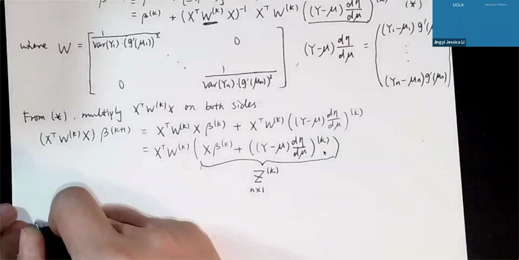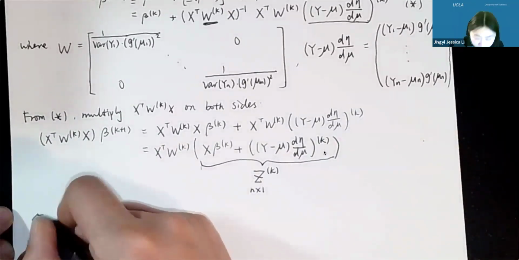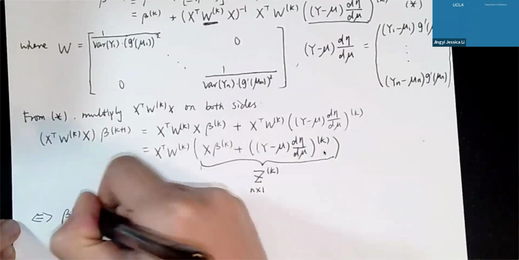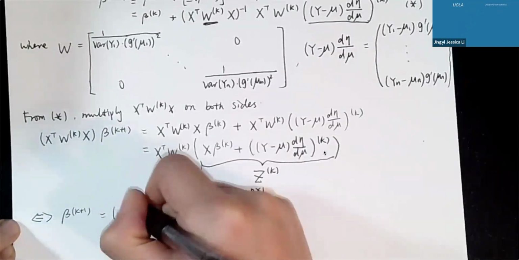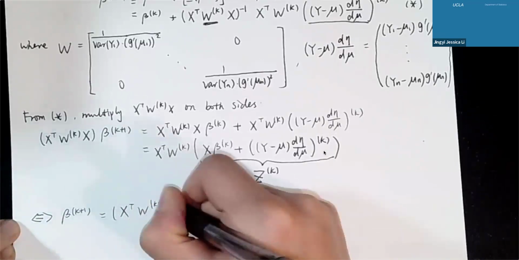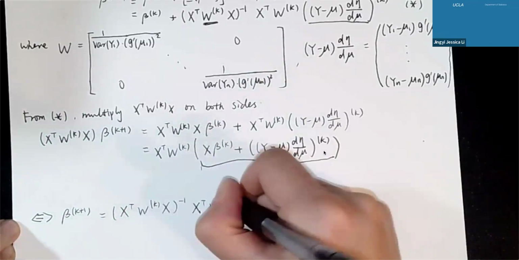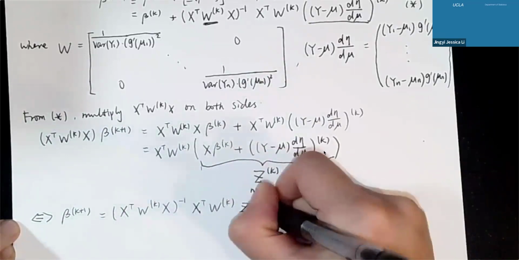So beta_{k+1} becomes X transpose W_k X inverse, X transpose W_k Z_k.